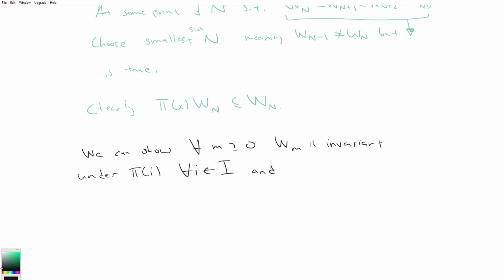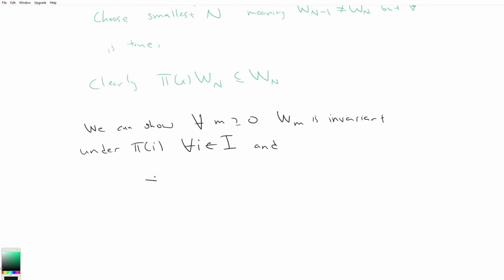And that pi of I acting on one of the basis vectors, pi of x to the m, let's rewrite that: pi of x to the m times v minus lambda of I acting on pi of x to the m v is an element of W_{m-1}.